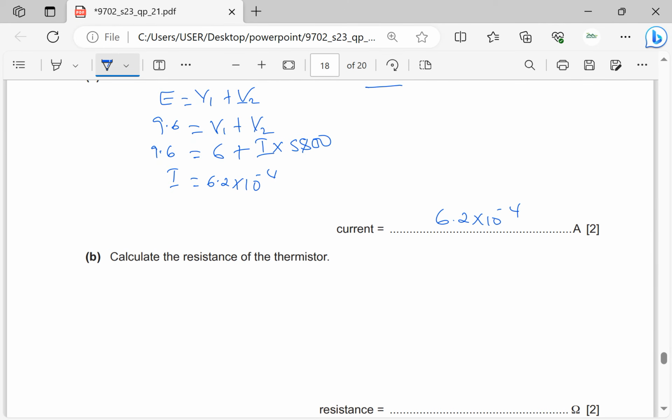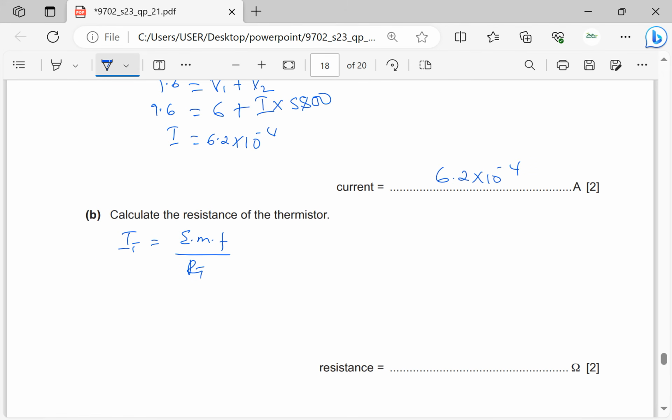Resistance of the thermistor. Now that I know the total current, remember they are in series. So I know that total current is EMF divided by total resistance. So total resistance is the EMF divided by the total current.